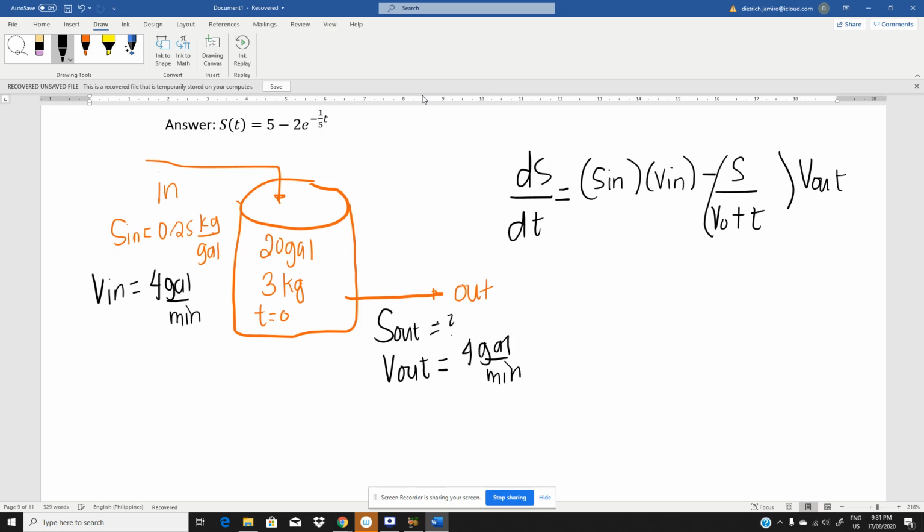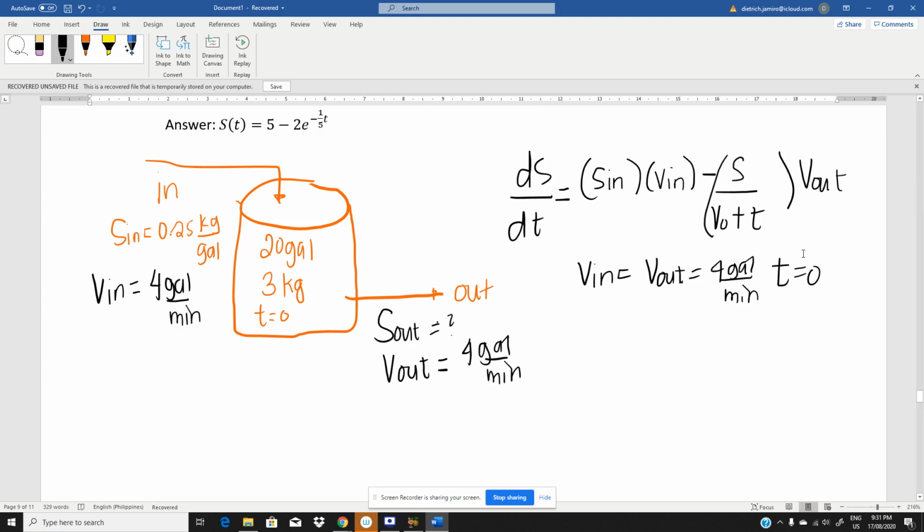As you can see, our V in is equivalent to our V out. So that's equal to 4 gallons per minute. So we can therefore conclude that our T is equivalent to 0.